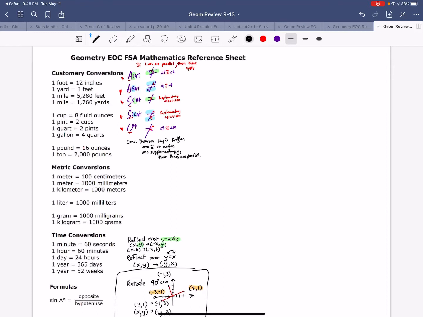It's like all my children always bring in peanut butter cookies. So altitudes, I think this is what it is. Altitudes make medians.